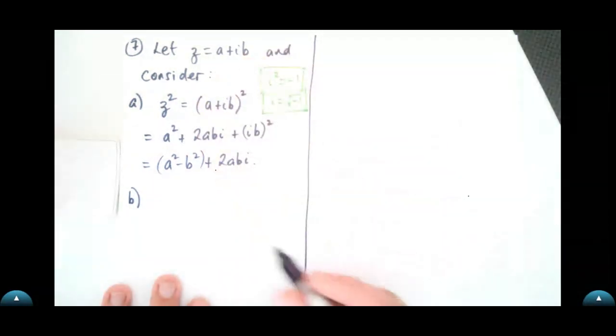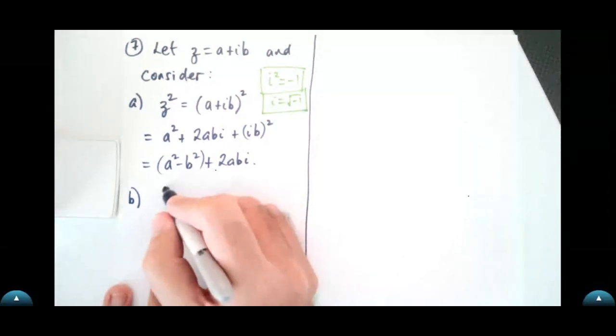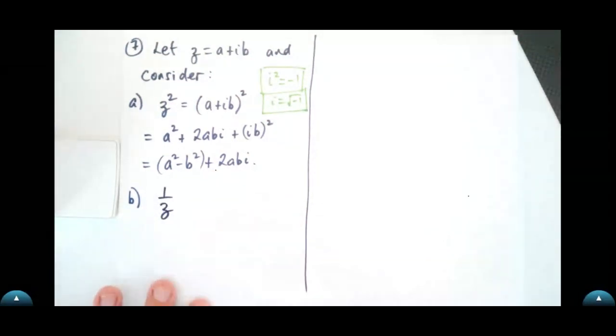Let's get a little bit more difficult. So let's consider 1 on z. Now, this is a little bit interesting. You can do this problem a couple of ways. What I like to do with these problems is to simplify the notation as much as possible.